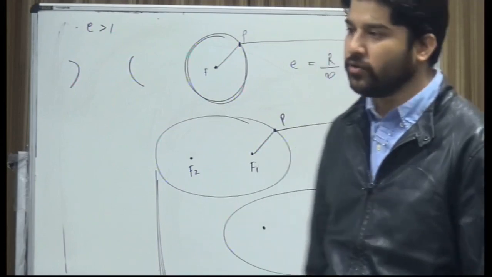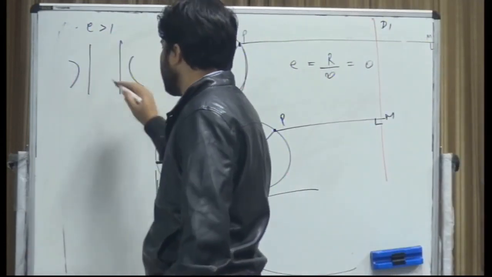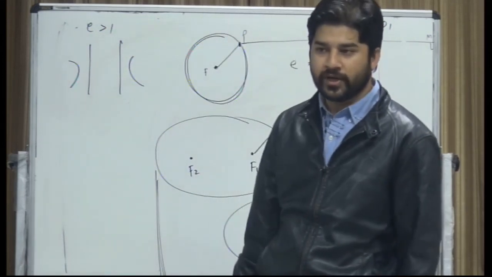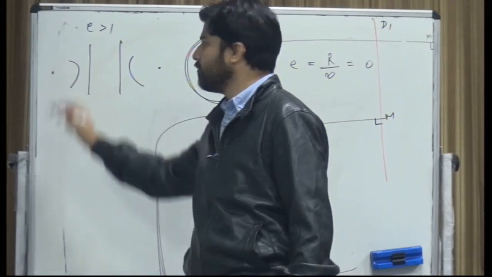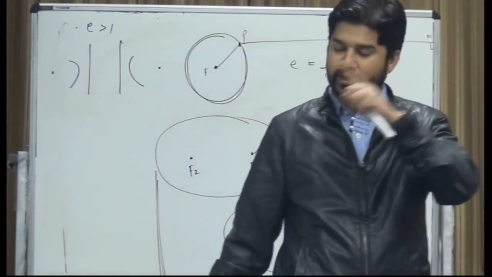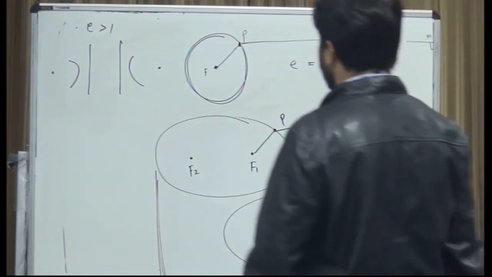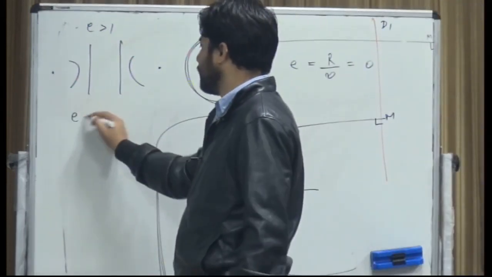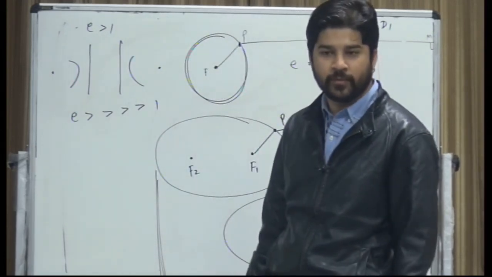They both split into hyperbola, and both the directrix cross the curve and come here. Okay? And your foci are farther, and directrix is closer. Now you are just increasing the eccentricity even more. Okay? Much greater.